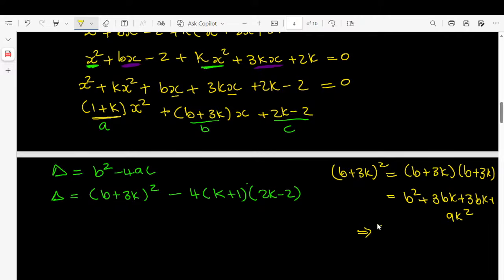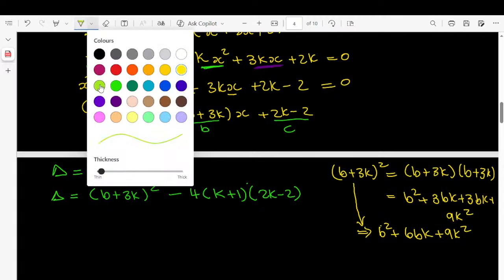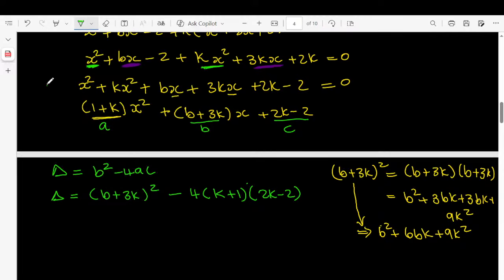So when we add the like terms, this will be equal to b squared plus, these two are the like terms, so this will give me 6bk, and we add 9k squared. This is what I need to substitute here. Can you see? Everything now is coming.